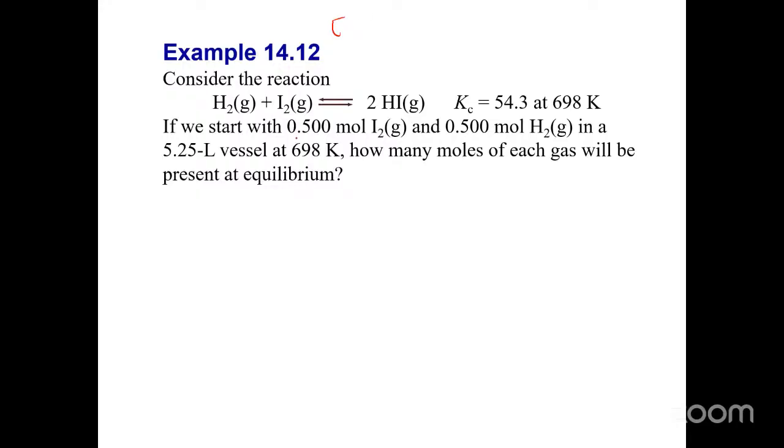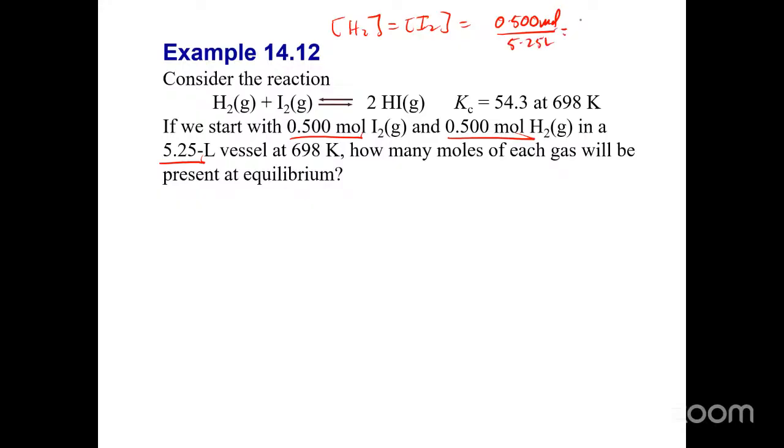The first thing that jumps out at me is that the moles of both gases are the same, and they are both in the same volume in terms of the container. So basically, we can kill 2 birds with 1 stone and calculate the concentration of each of them, which will be the same. So the concentration of hydrogen and iodine will be equal to 0.500 moles divided by 5.25 liters.